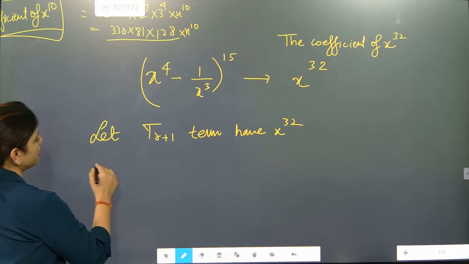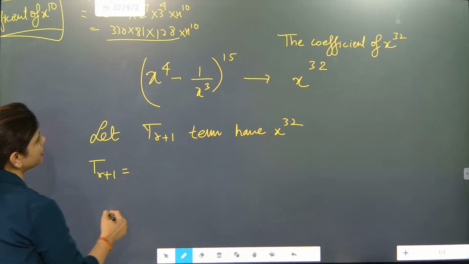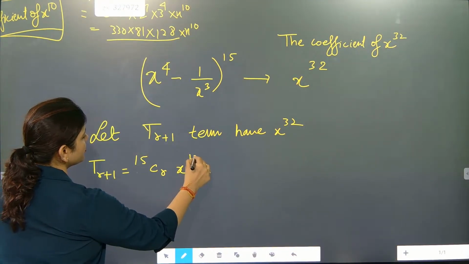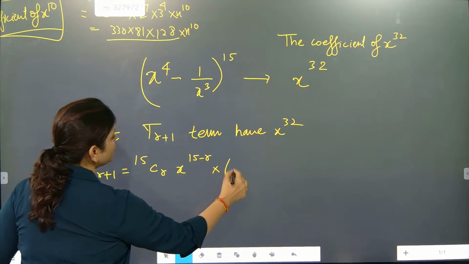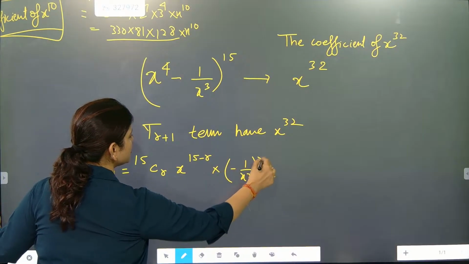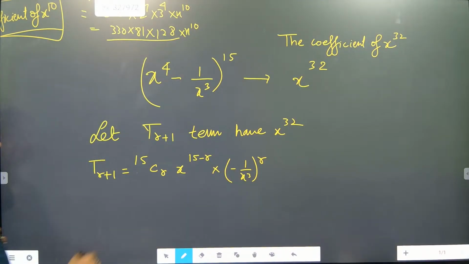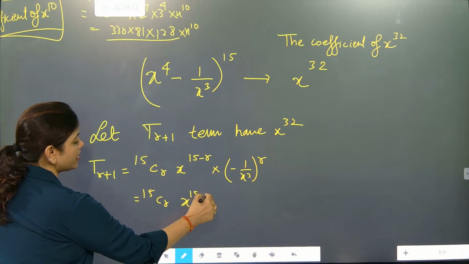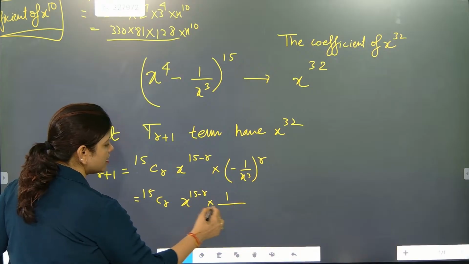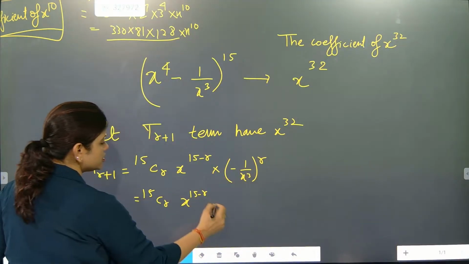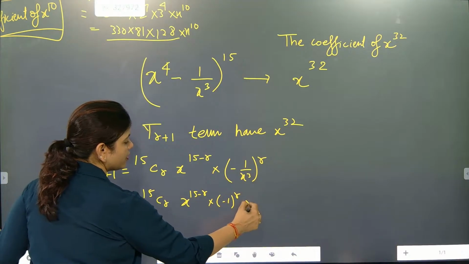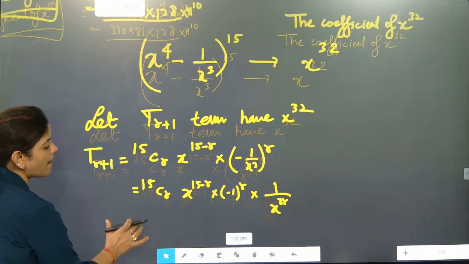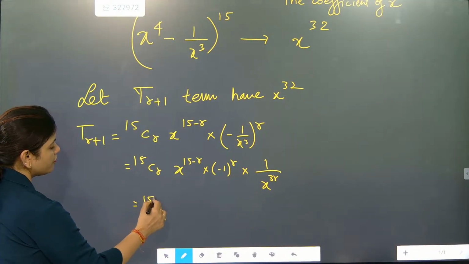So T(r+1) will be written as 15Cr x to the power 15 minus r into 1 by x cube to the power r. This minus part you separately write as minus 1 to the power r, and then it will become x to the power 3r.